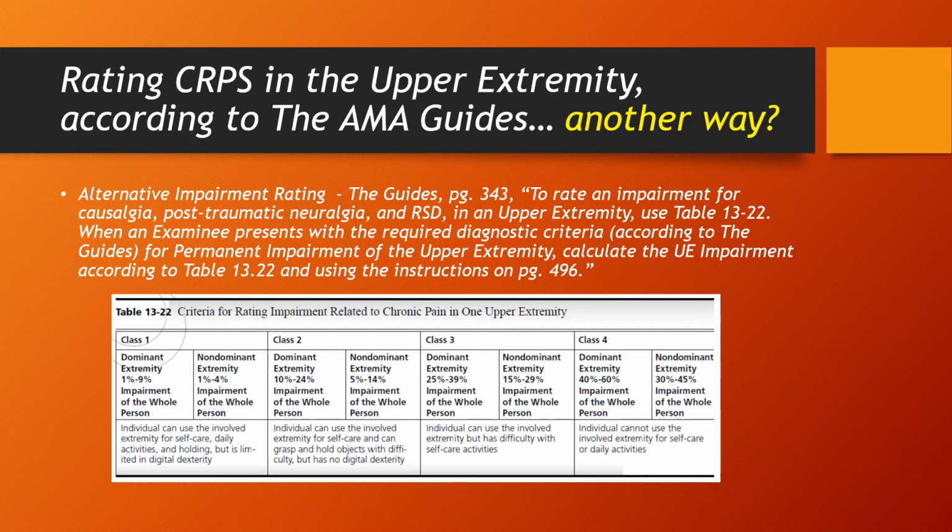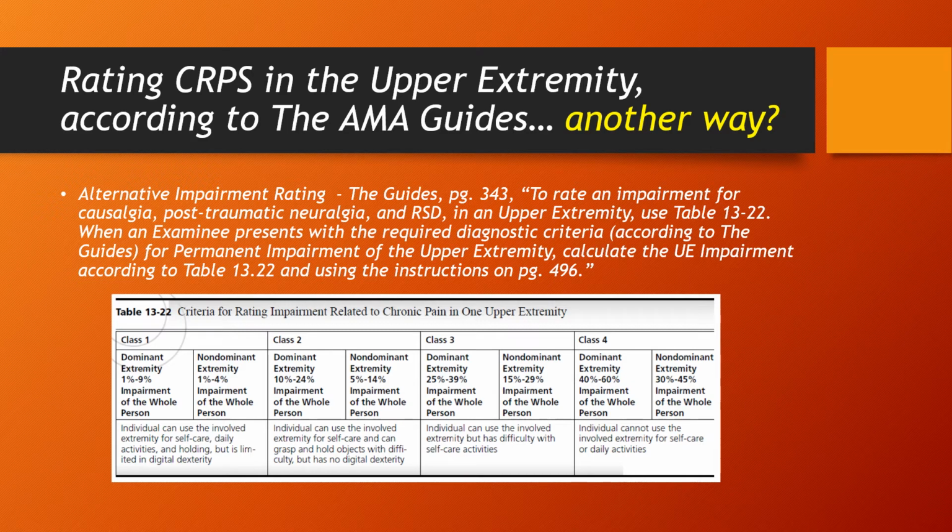So when an examinee presents with the required diagnostic criteria, not the Budapest, but the AMA Guides 5th edition, for the permanent impairment, you calculate the upper extremity impairment according to Table 13-22 and use the instructions on page 496.